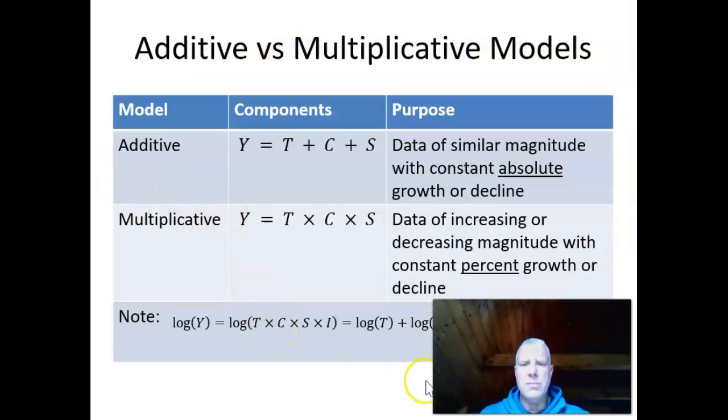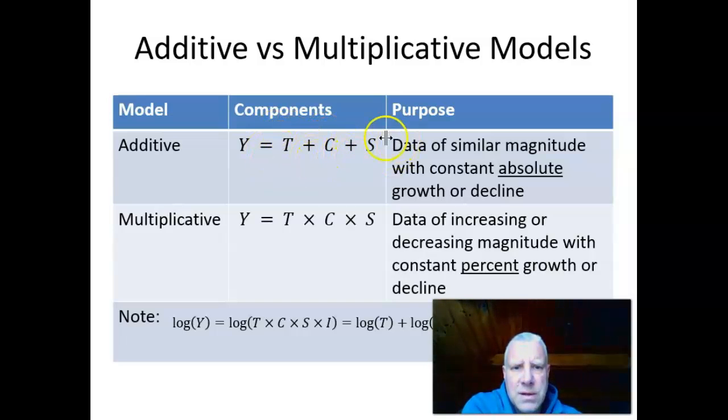Okay, and the trend models, they can be additive or multiplicative. In an additive model, the components, the trend, the cycle, and the seasons can be added up. And this is when the change in the dependent variable due to these factors is constant.